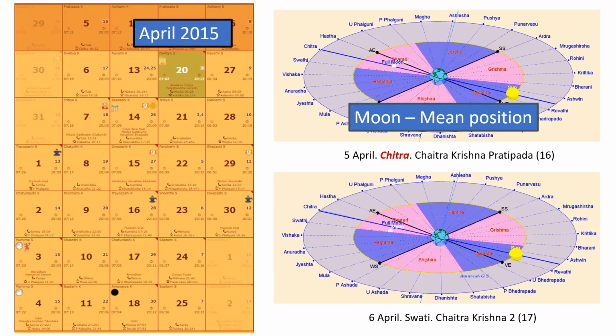All right. As I said already, notice the moon's mean position, based on the mean calculation, is showing as if it is at the full moon. In reality, for this day, 5th April 2015, it was a day after the full moon. So this is something all of us must get comfortable with, which means our calculation can vary from the actual position by possibly plus or minus 1 to 2 days, not more than that.